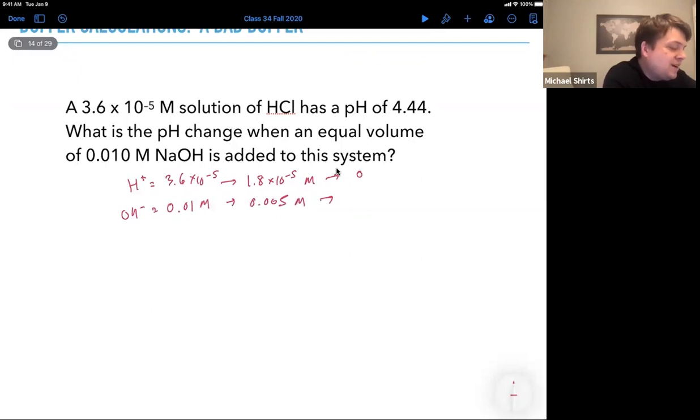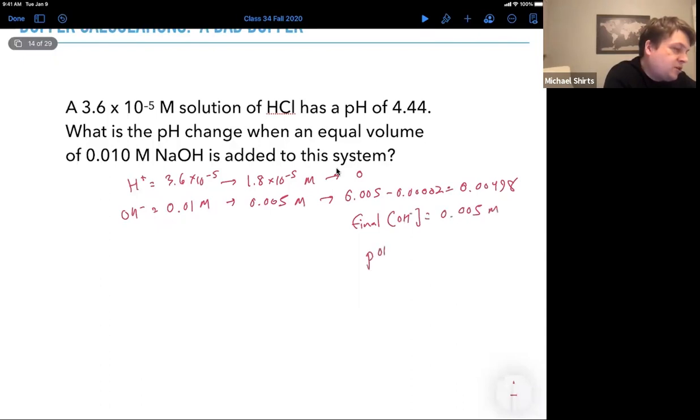And the OH- is 0.005 minus 0.00002. That's 0.00498. We only have two significant digits. So we have our final OH- is just going to be 0.005 molar.